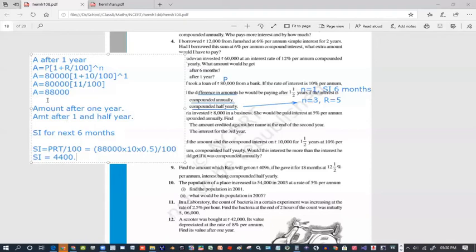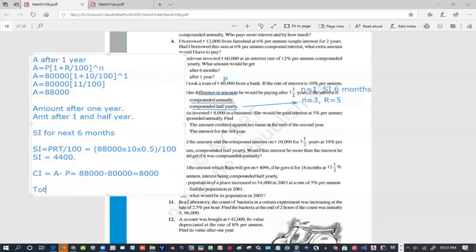So it is easy. Now, how much is the total interest paid? From here, compound interest is amount minus principal. A is 88,000, principal is 80,000, so CI will become 8,000.